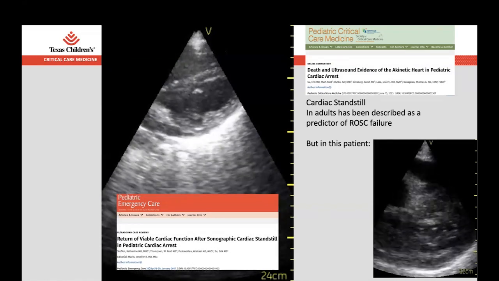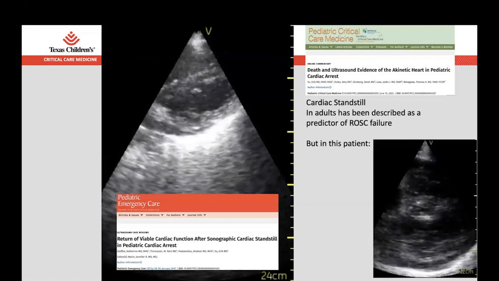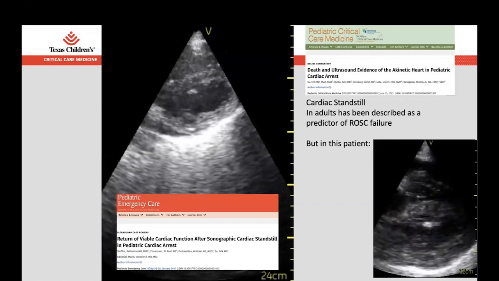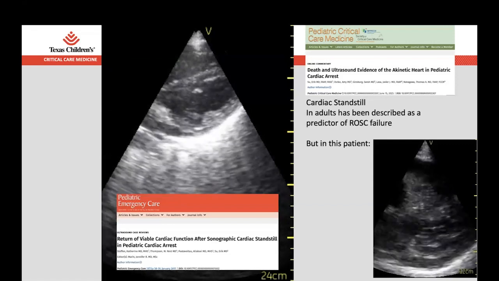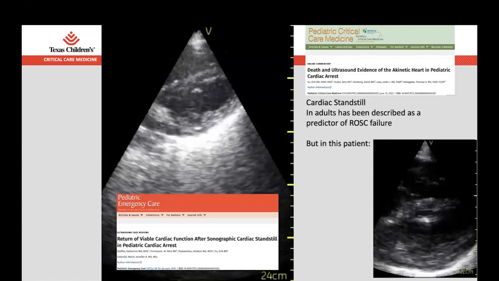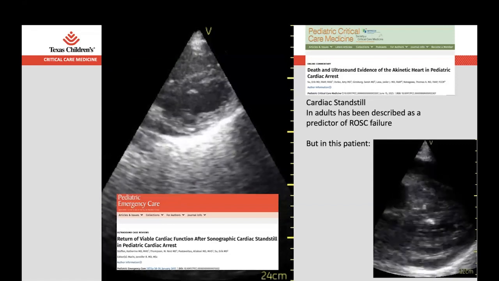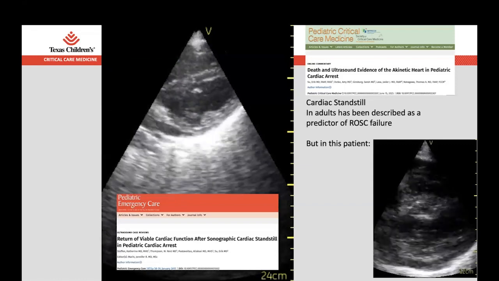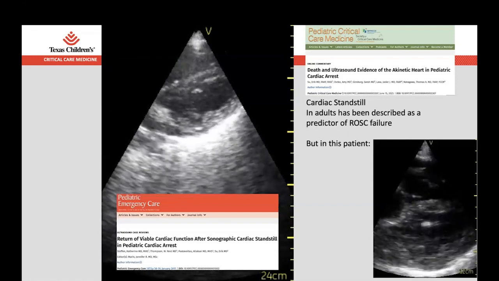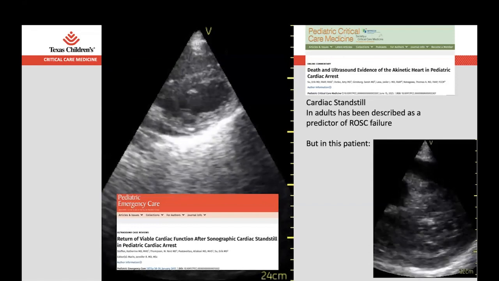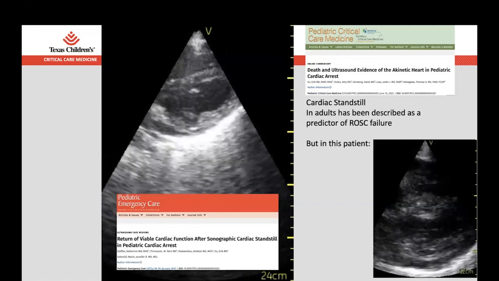So we initially published this series of 3 kids where we had already committed to eCPR. They manifested standstill, and we had recovery of function. Granted, the kids did awful. Codes are awful to patients, not just because of what it does to the heart.